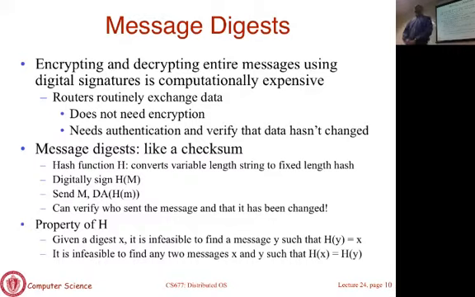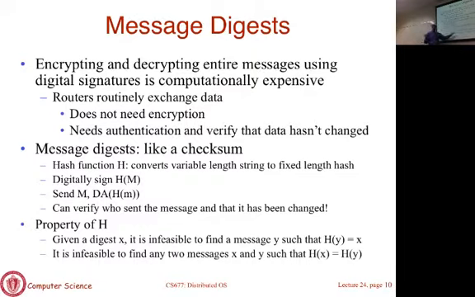Otherwise, you would be able to construct arbitrary messages and claim that I signed them, because I have a signed hash. So given some digest X, it should not be feasible to find a message Y that will produce that hash. Otherwise I could say you signed something that you never actually signed, because I can generate arbitrary fake messages that produce the same hash. And second, the probability of collision should be very low.